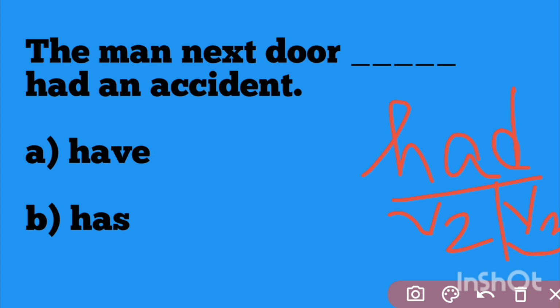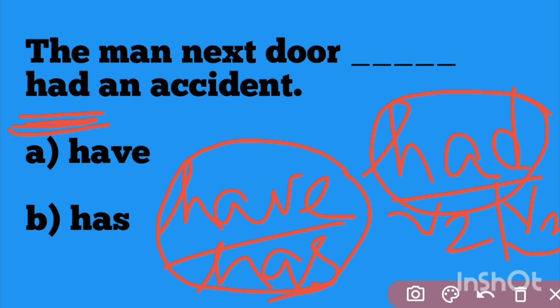After the blank space had is written, so here we have to write down either have or has. So obviously these have or has will be auxiliary verb and this is the main verb.